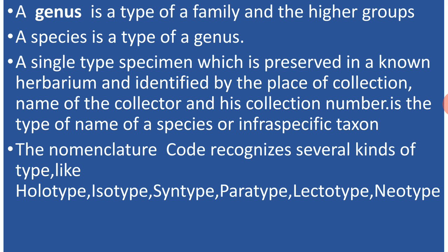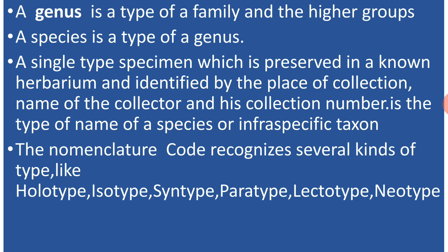A single specimen which is preserved in a known herbarium and identified by the place of collection, name of the collector and his collection number is the type of the name of a species or infraspecific taxon. So the name of the higher group and family is based on the genus, the name of the genus is based on the species, and the name of the species is ultimately based on the plant collections.